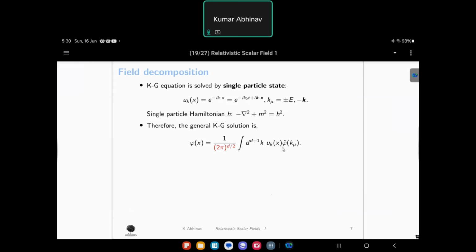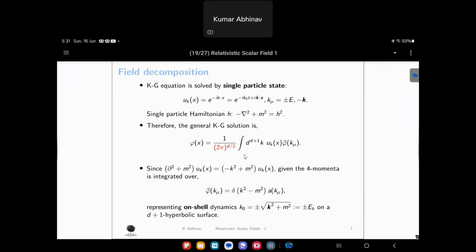Now this u_k(x) is the single particle state, and these phi tilde are some coefficients. Mathematically it is just a d plus 1 dimensional, or with d being 3, 4 dimensional Fourier transform, nothing more than that. So phi tilde are equivalently the Fourier transform of the wave function phi. This red quantity is just the normalization factor that appears in front of any Fourier transform.